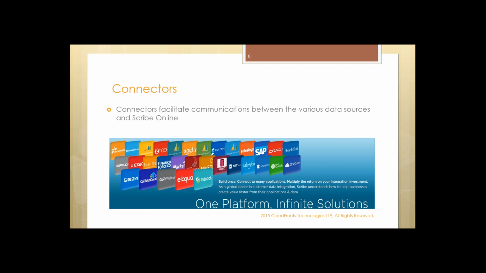Through Scribe, we can connect to Microsoft Dynamics CRM online or on-premise, Microsoft Dynamics GP, and SQL database. We can also have Excel or CSV files in our connections. All these connectors I spoke about can be seen in the Marketplace section in the Scribe Online interface.